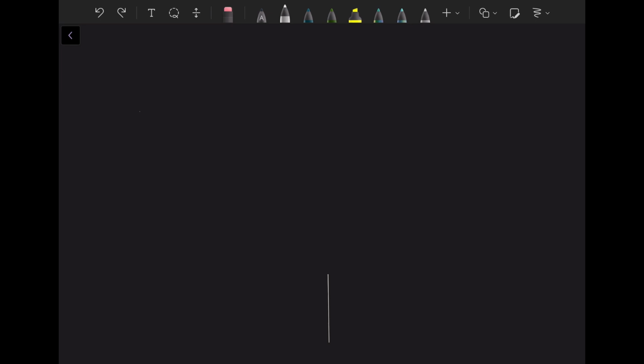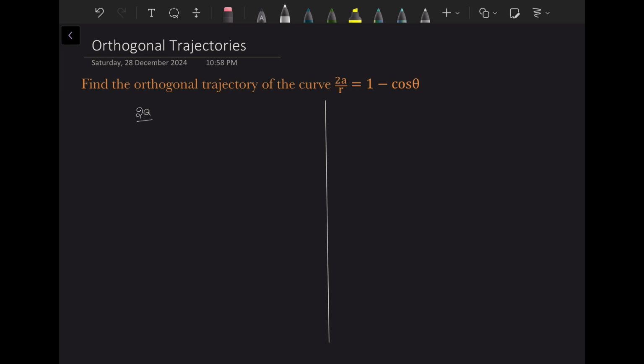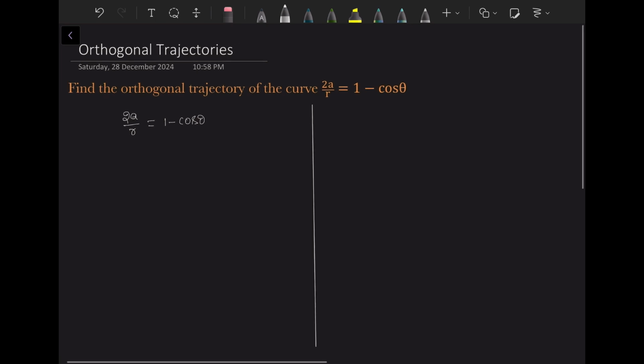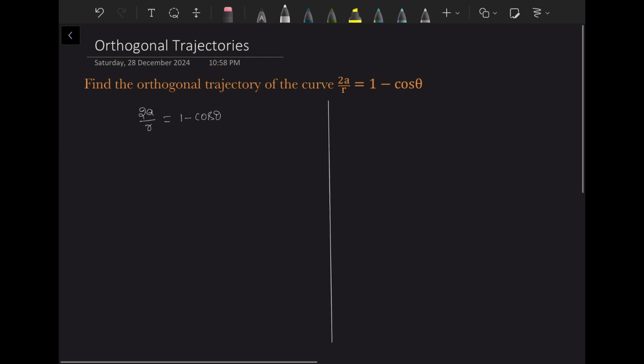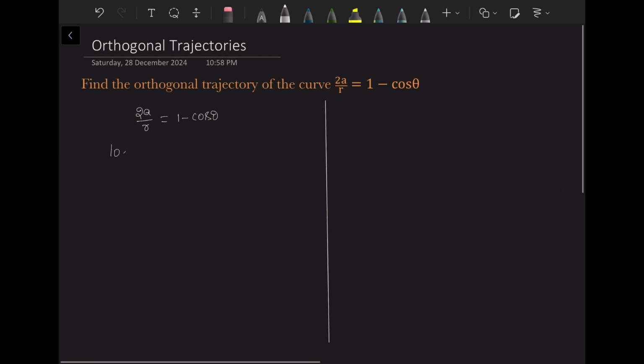First I'll write 2a/r = 1 - cos θ. Now I'll apply log on both sides. log(2a/r) = log(1 - cos θ).